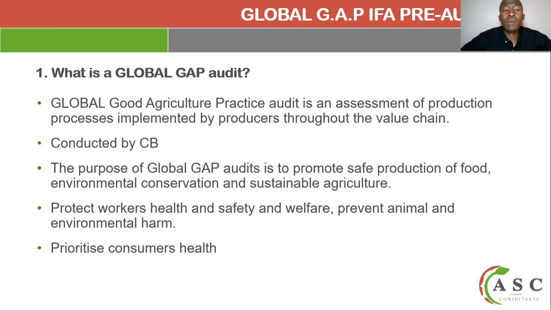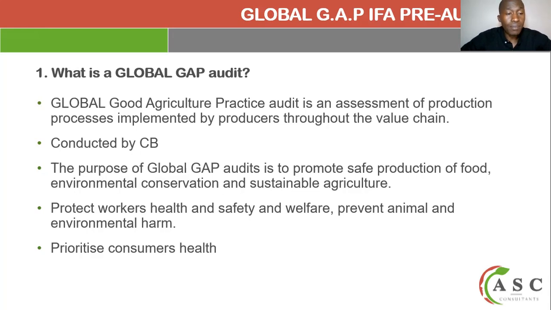So as we know, chemicals are not just dangerous to people, but they also have a negative effect on the environment. They also constitute environmental pollution, and they degrade the soil structure, etc.